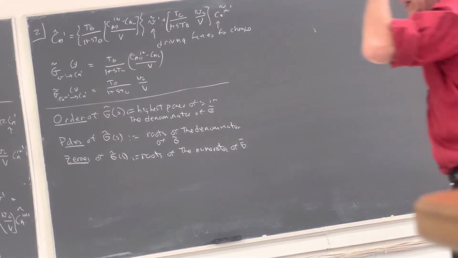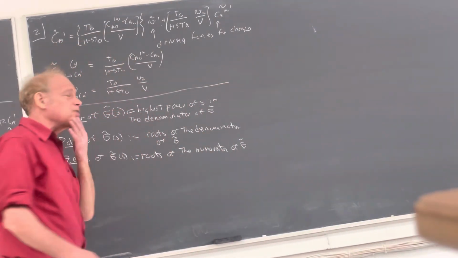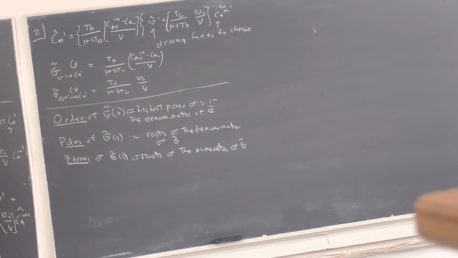Okay, so one thing is we know that information about stability has to do with the denominators. Remember when we did our analyses of stability, we looked at the denominator because everything that looks like a 1 plus sT, when we go back to the time domain, looks like e to the minus t over big T. So when we invert 1 over 1 plus sT, we get e to the minus little t over big T1.